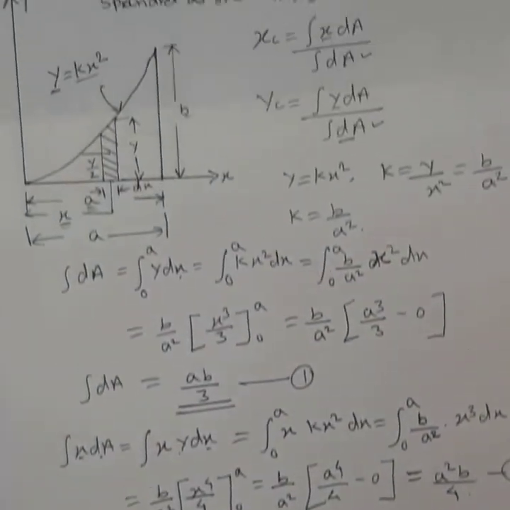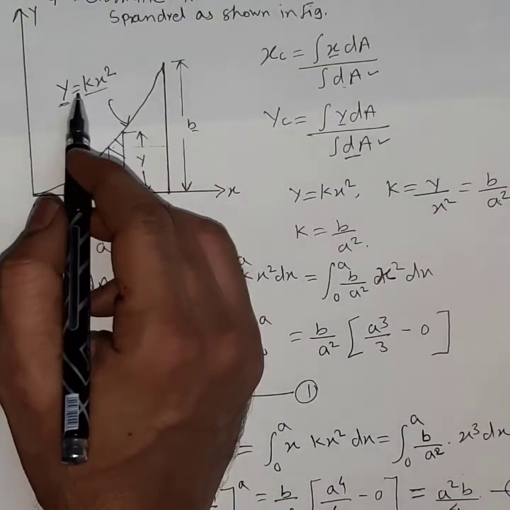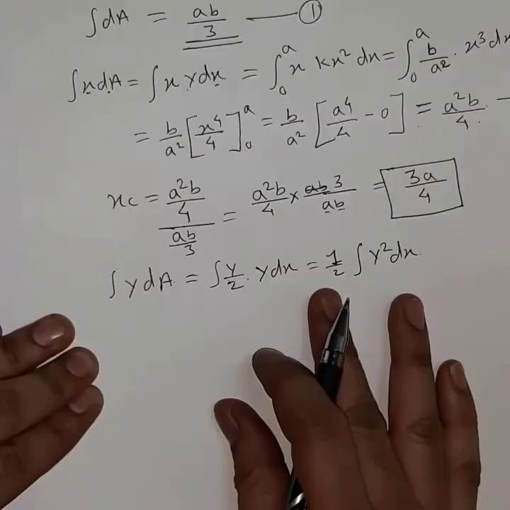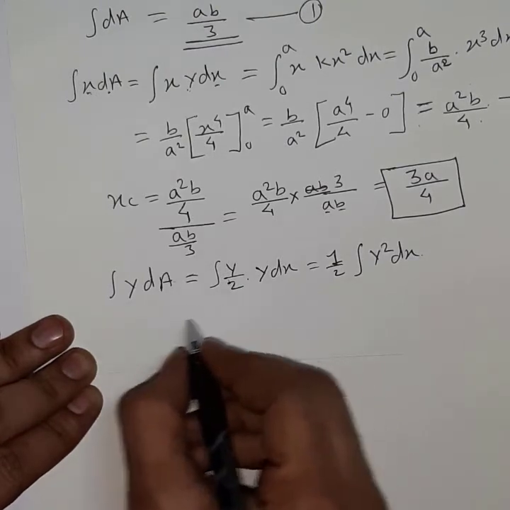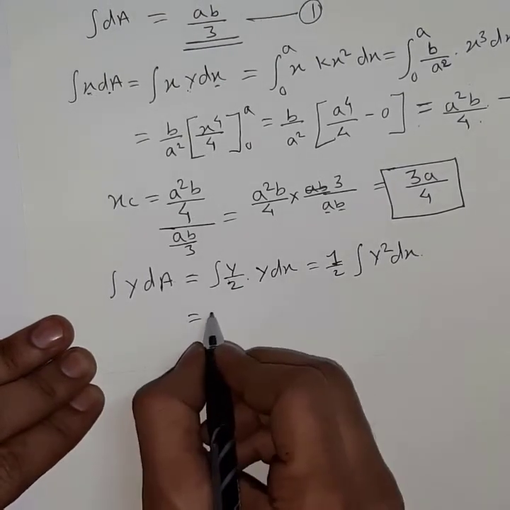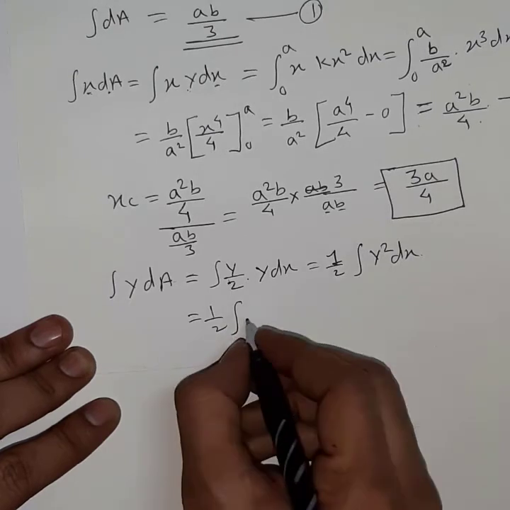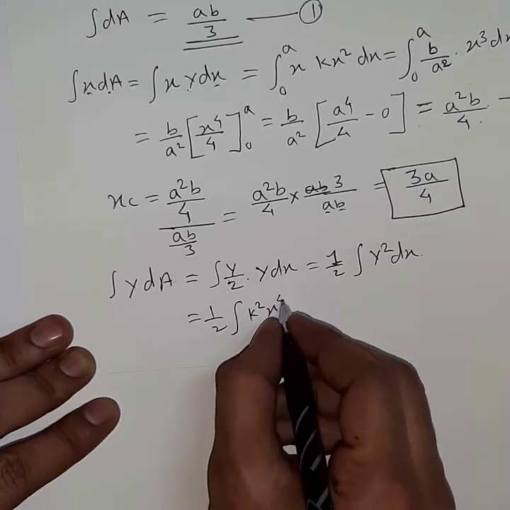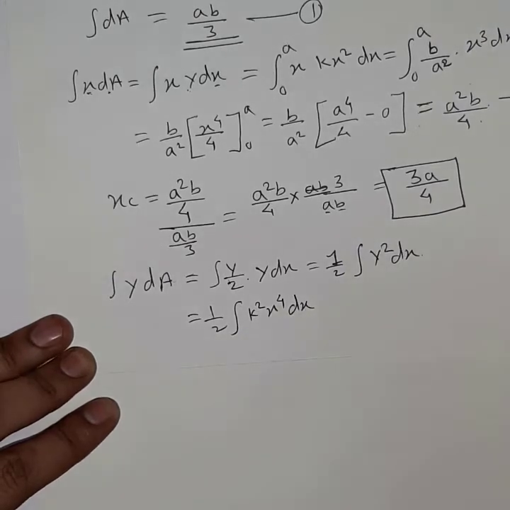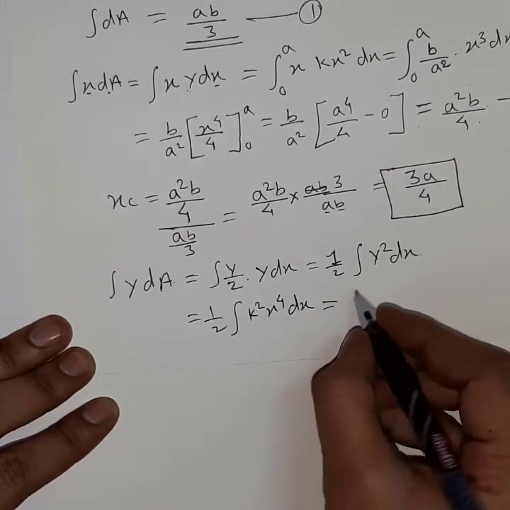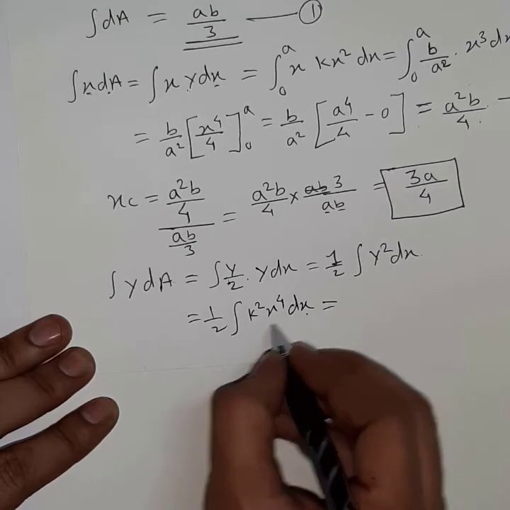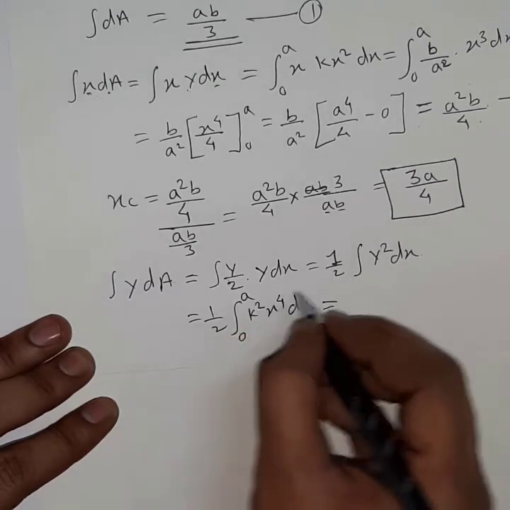Now we know the value of y as k x square, so y square will be k square x to the power 4. So that will be 1 by 2 integration k square x to the power 4 dx. Putting the value of k, and differentiating with respect to x, the limit will be 0 to a.